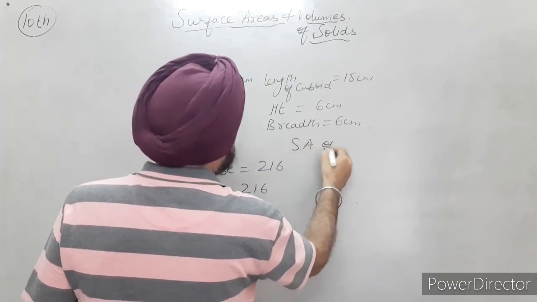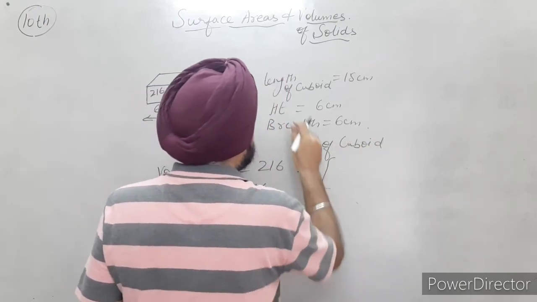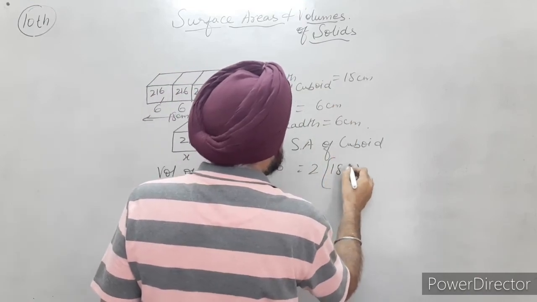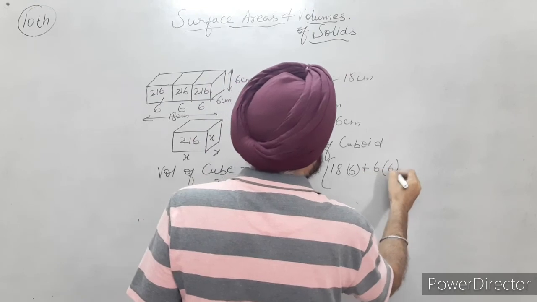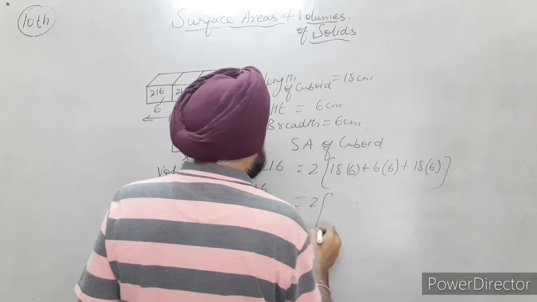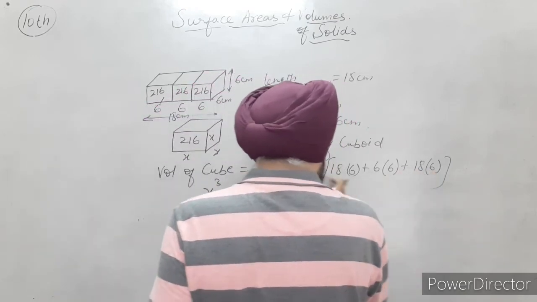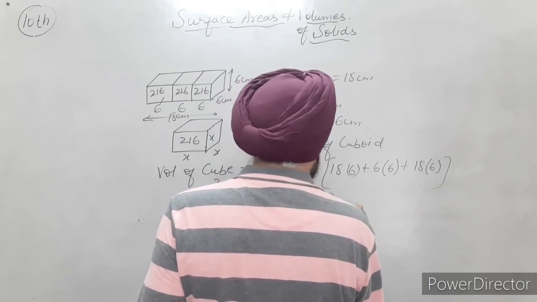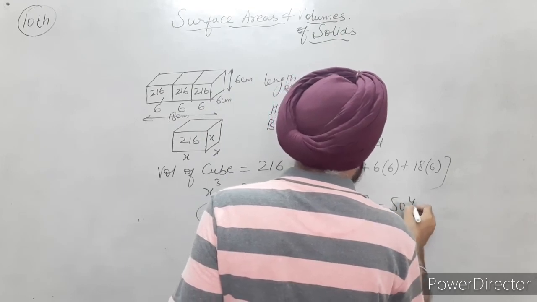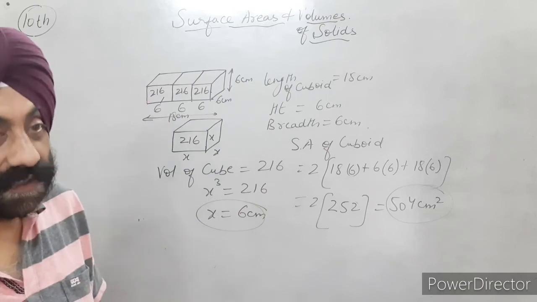Surface area of a cuboid is twice length into breadth plus breadth into height plus length into height: 18 into 6 plus 6 into 6 plus 18 into 6. Twice it, that becomes 252, so 2 times 252 is 504 centimeters square. This is the way we solve these kinds of sums.